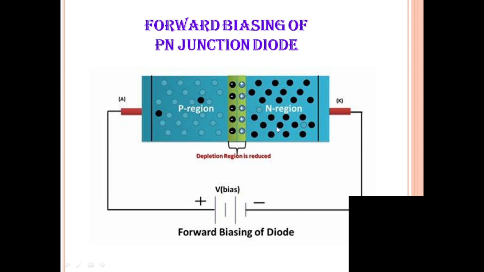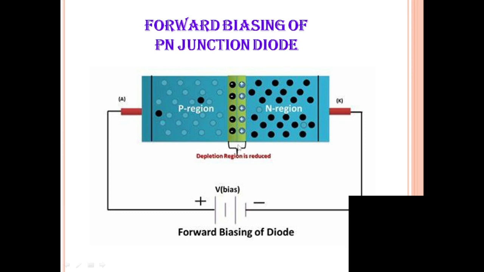Because of this repulsion, a number of holes and electrons move from one material to the other, that is, they cross the junction, and the depletion layer width is reduced.